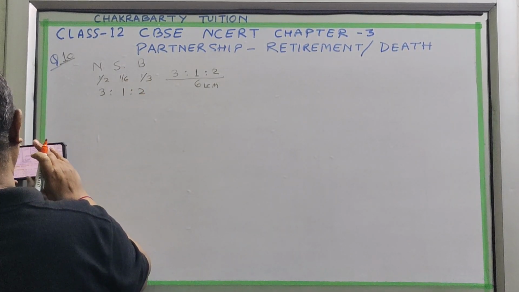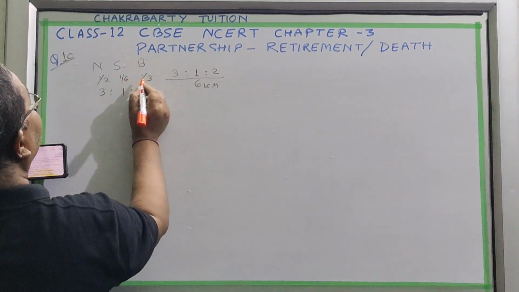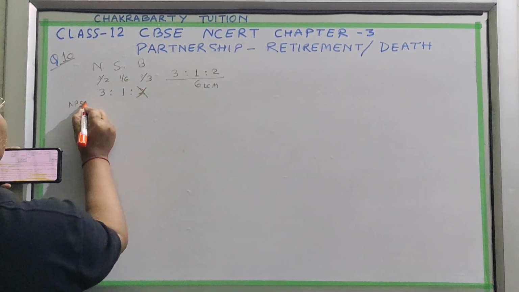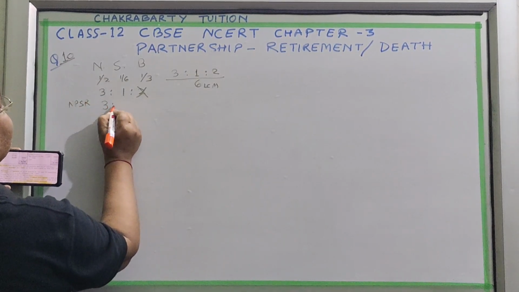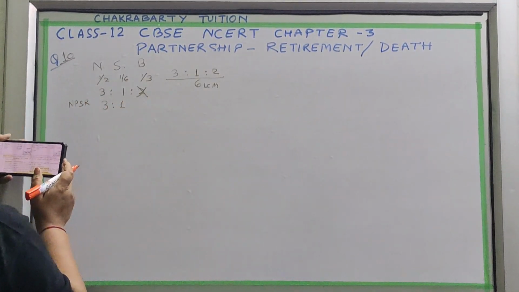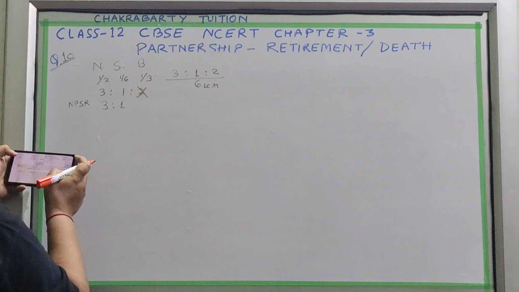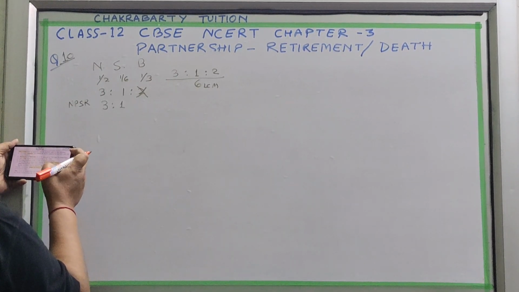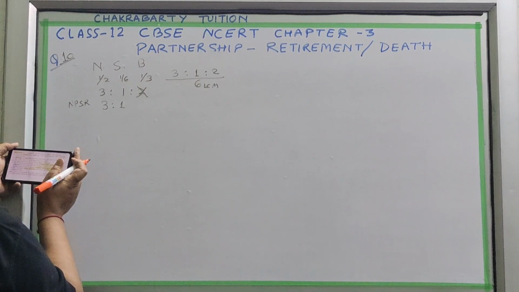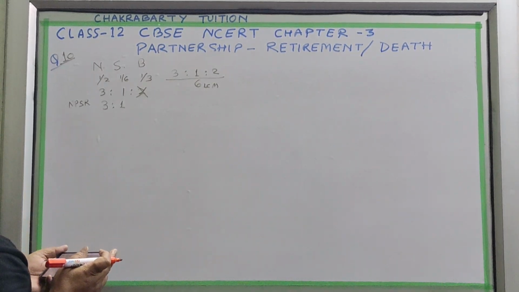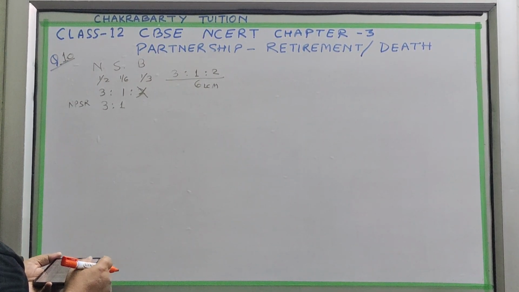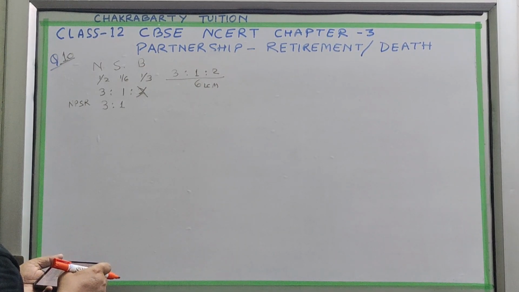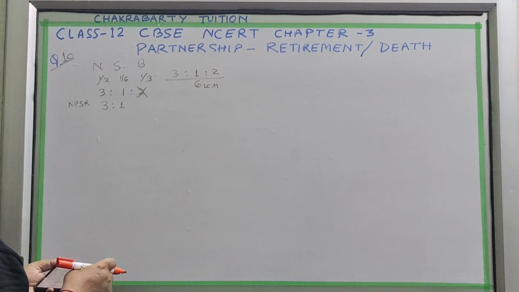Now Bajaj retires. So new PSR, profit sharing ratio, will be 3:1 if in the question nothing is given about how his share is being divided. In the question, here you have to adjust the capital first, and then draw the balance sheet, ledger account, everything you have to prepare.